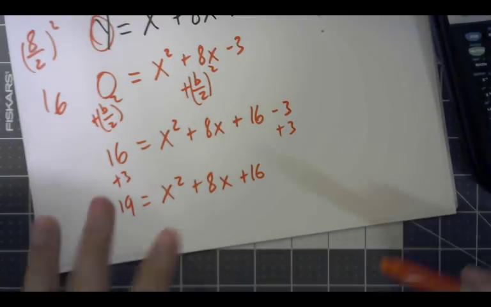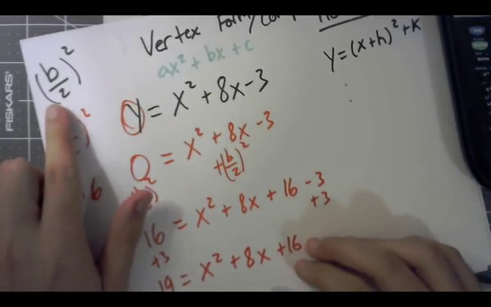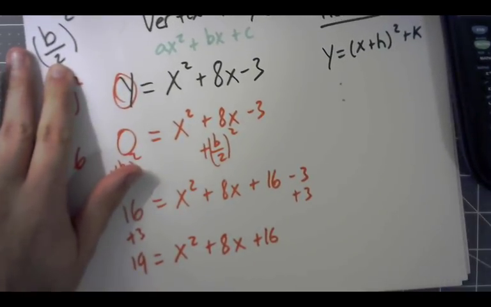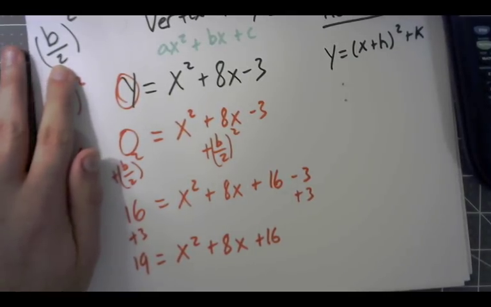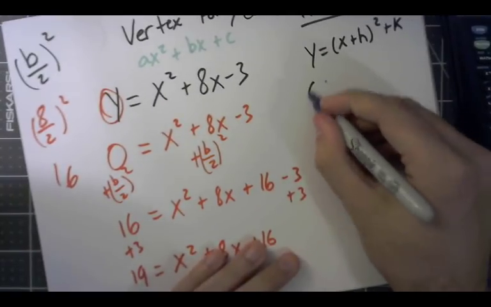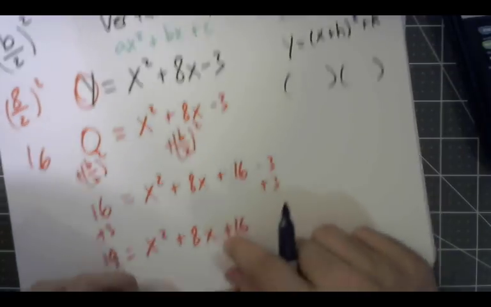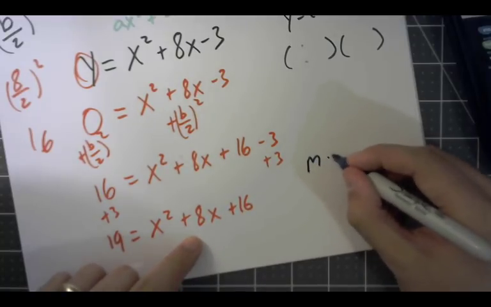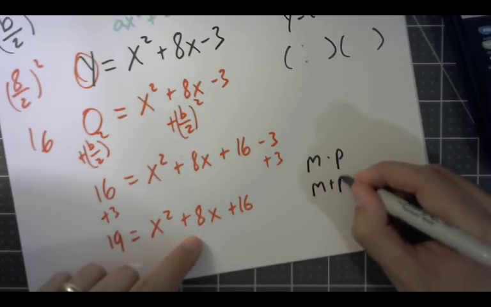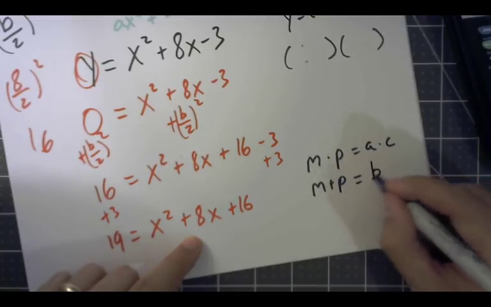All right. Once we're here, we're in a very good place because we have this half of b squared. I don't know if you remember, we went through this whole ordeal with factoring. And factoring was all about getting things broken apart. And this is a perfect square. So remember we had m and p: m times p equals a times c, and m plus p equals b.